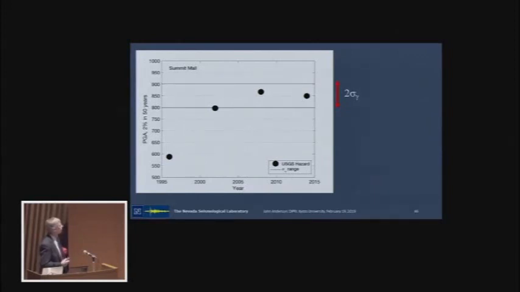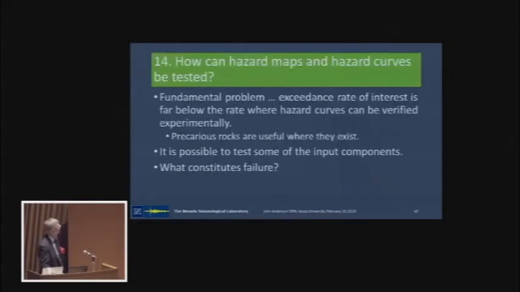Perhaps by something like this or some other approach, we can define an uncertainty in the hazard that would make sense to report to the engineering community as the uncertainty that we're dealing with.